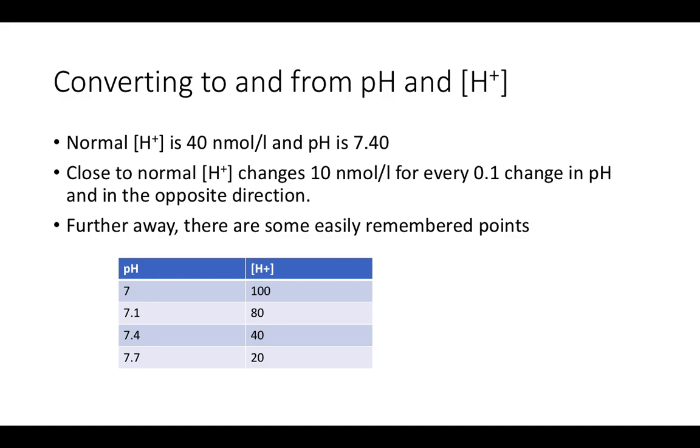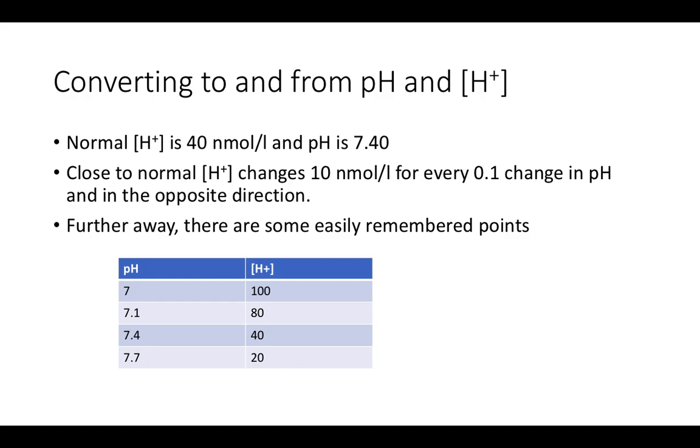And close to the normal hydrogen ion concentration, hydrogen ion changes 10 nanomoles per litre up for every change of 0.1 pH down. Once you get beyond about 0.1 or 0.15 pH units away from the usual value, this relationship breaks down.